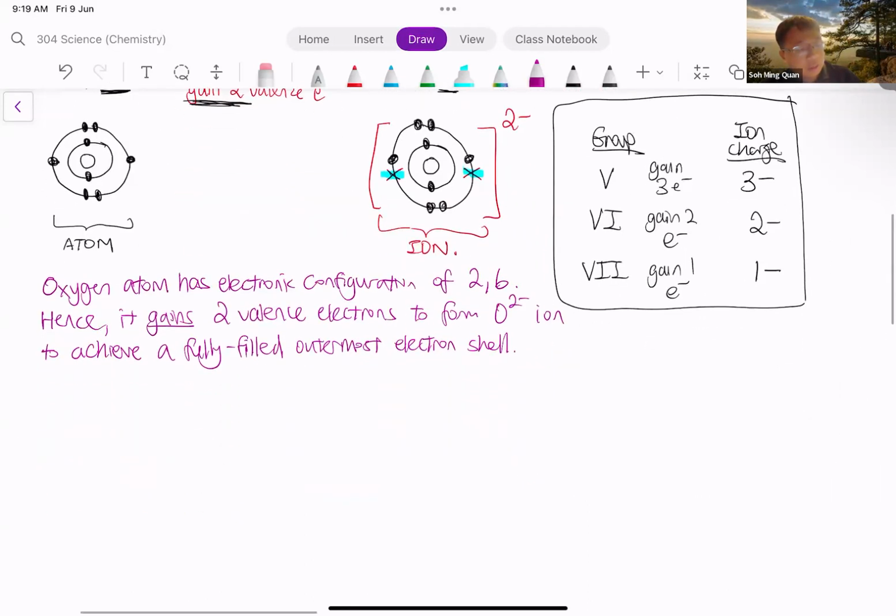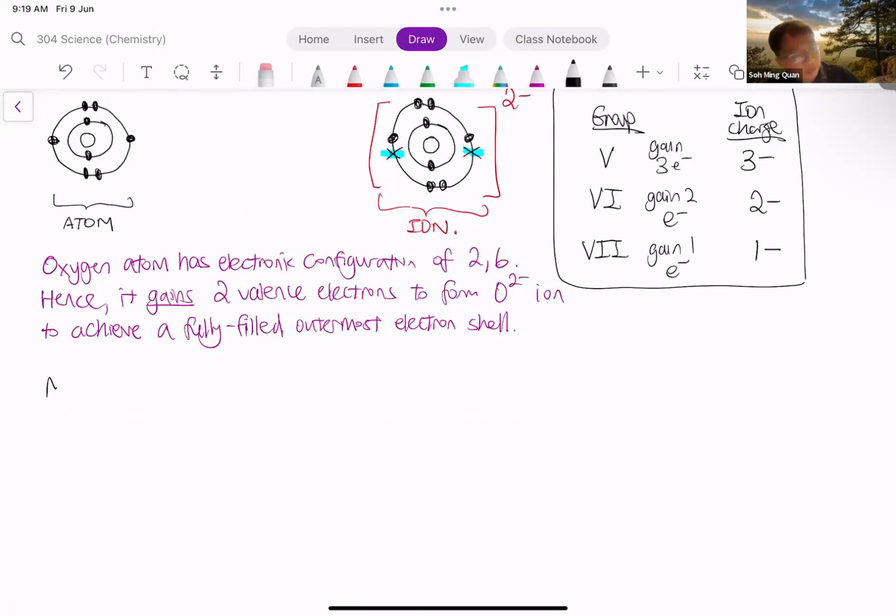So now, if I give you a compound that contains magnesium and oxygen, this is called magnesium oxide. Magnesium oxide is a compound formed by magnesium and oxygen, right? This is an ionic compound because there's a metal and a non-metal. The metal is magnesium, the non-metal is oxygen.